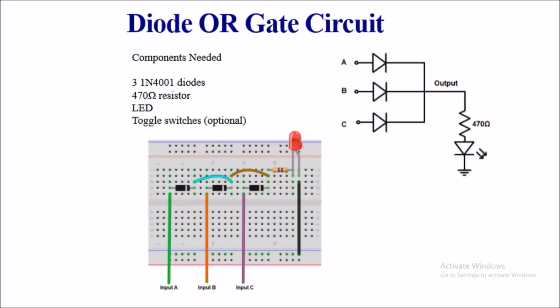On the left we show the inputs A, B, C, and how they are connected through the three switching diodes of type 1N4001, and the resistor connected to them has this value. It's also connected to an LED to give a signal when there is any high connected to A or B or C. Okay.